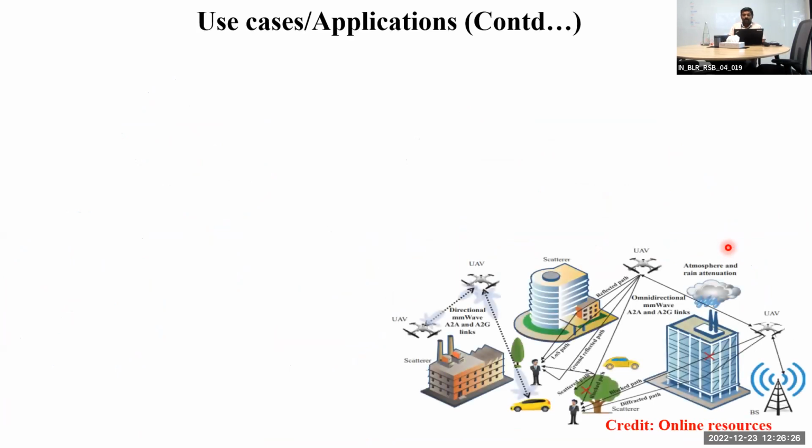Next important communication is drone based communication. You might have heard two days ago some news that the Indian government is introducing PLI schemes for drone manufacturing in India. So drone applications are increasing day by day. For example, you might have heard that Amazon is delivering parcels through drones. The moment you order, the trigger will go to the warehouse.